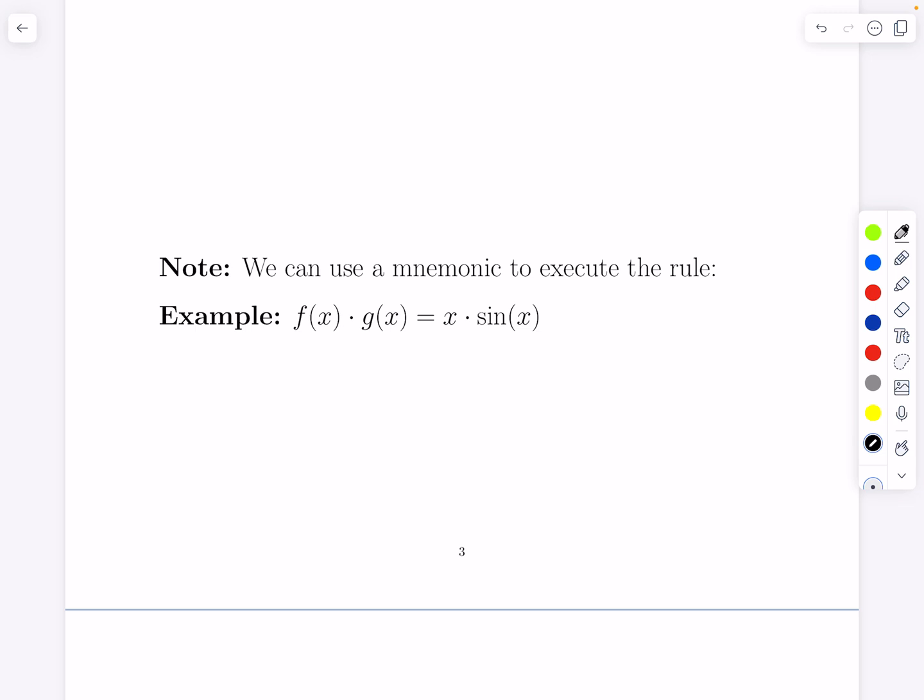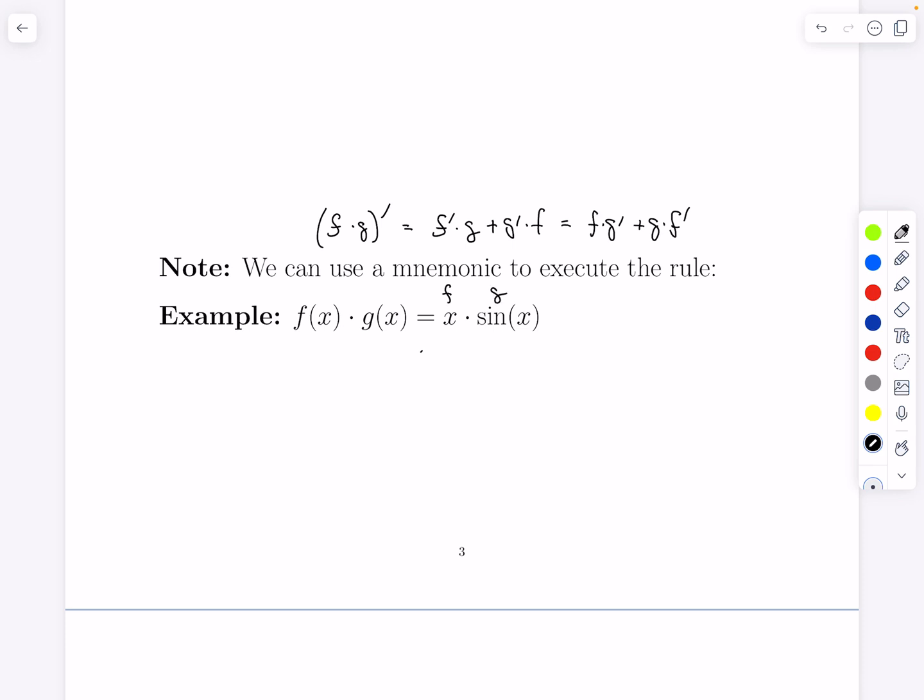I write down the rule again here: f times g prime is f prime times g plus g prime times f, and because we can swap things around with multiplication and addition, this is also f times g prime plus g times f prime. Okay, and now we have two functions, x and sine x. This is f and this is g.